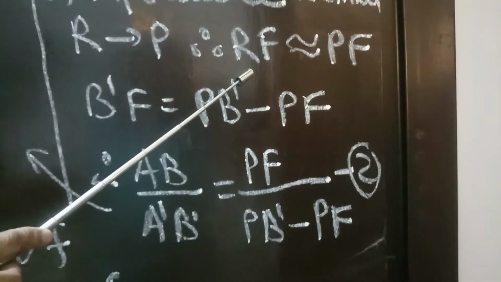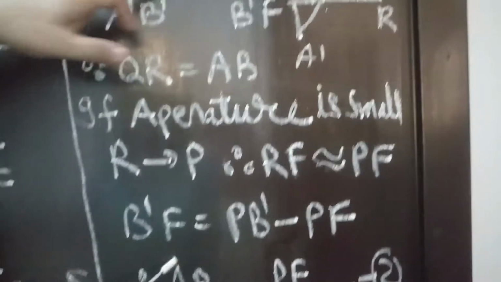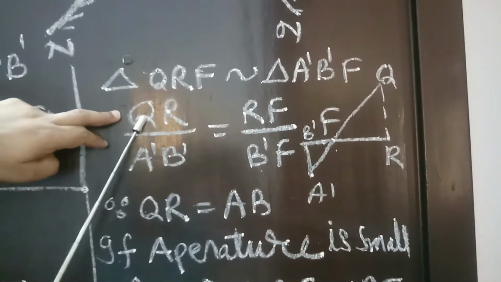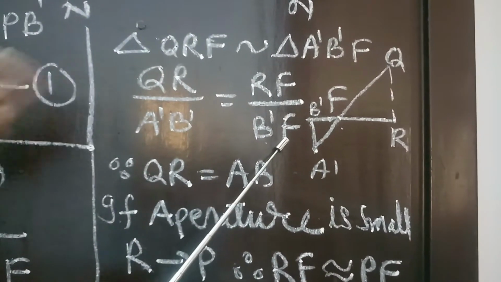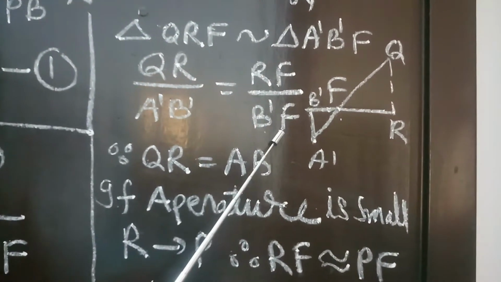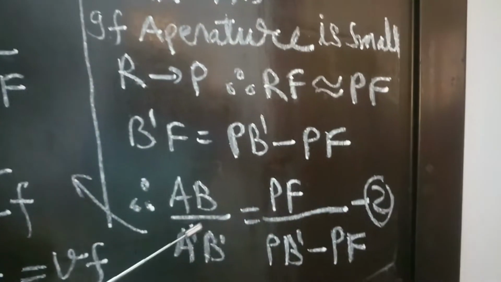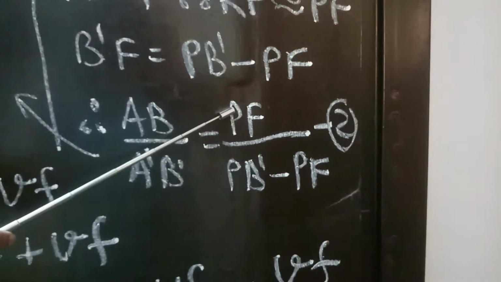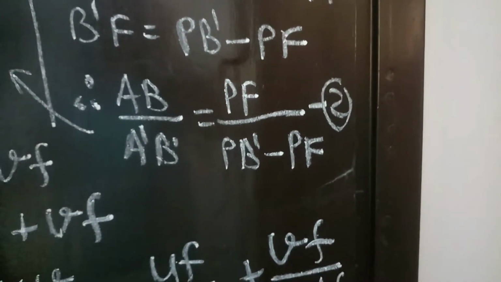These two values of RF and B dash F we put in this equation. In place of QR we write AB, in place of RF we write PF, and in place of B dash F we write PB dash minus PF. When we put these values we get AB upon A dash B dash equals PF upon PB dash minus PF. This is equation number 2.